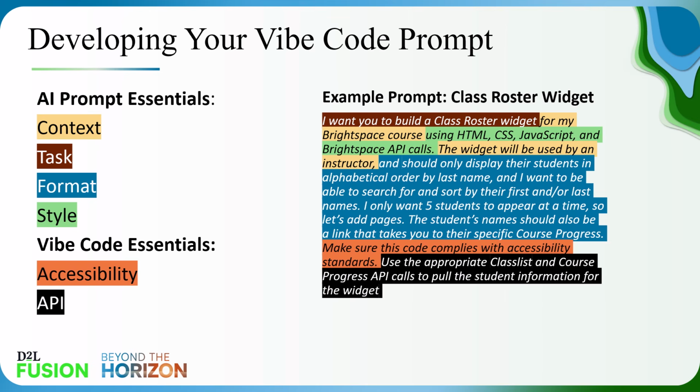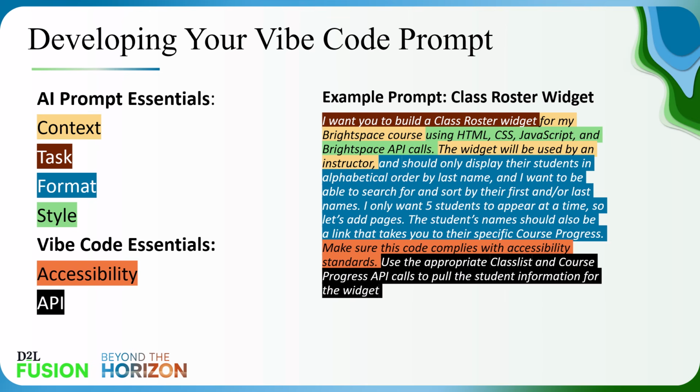And then also APIs, which is giving the AI reference to D2L API calls, either by providing these specific API calls, telling it to look at specific API calls to use, such as like I have here where it looks at the class list or course progress APIs, or just looking at the website to then produce APIs that may work best for you.